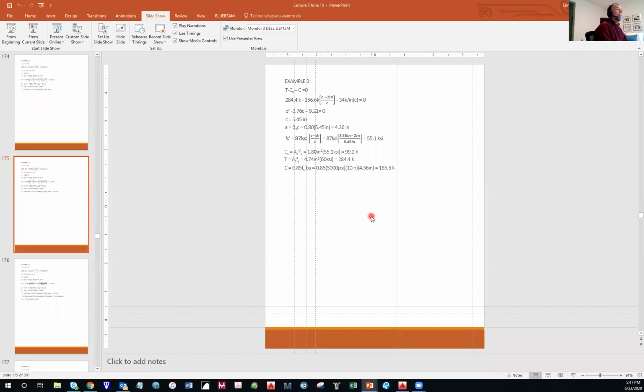Or you could have that your compression steel does not yield, in which case you have to write your equations in terms of little c, solve the quadratic, and then get your forces, and then solve for your nominal moment. Okay, so that's your analysis, is either the steel yields or the steel doesn't yield.